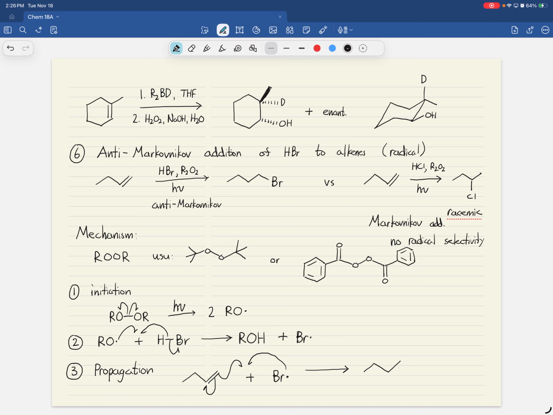What kind of radical would we form? So this one we form a secondary, right? But maybe we'll see it easier if we draw it, okay? So this is a secondary radical. So compared to a primary, which one is more stable? Yeah, so this one's more stable radical.